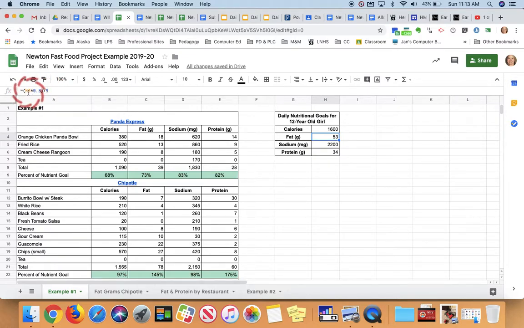So you'll notice on my example my calories that I'm supposed to have as a 12-year-old girl is listed in H3. Okay, so that's why in my fat gram formula it says equal sign H3 times 0.3 divided by 9. Wherever your calorie goal is listed in your spreadsheet is what cell number you will have here. Okay, so double check that yours is correct. Should come up with 53 if you're female, 60 if you're male.